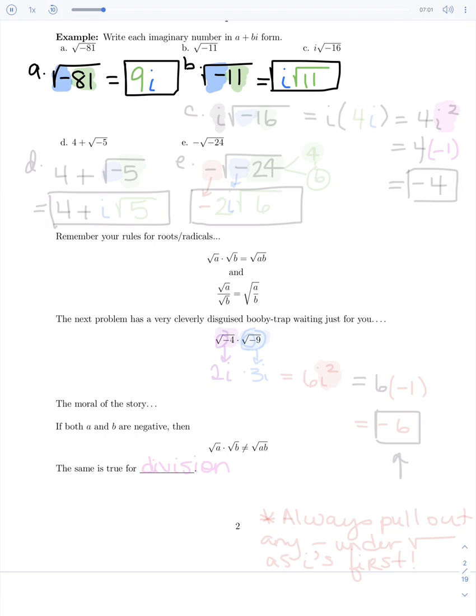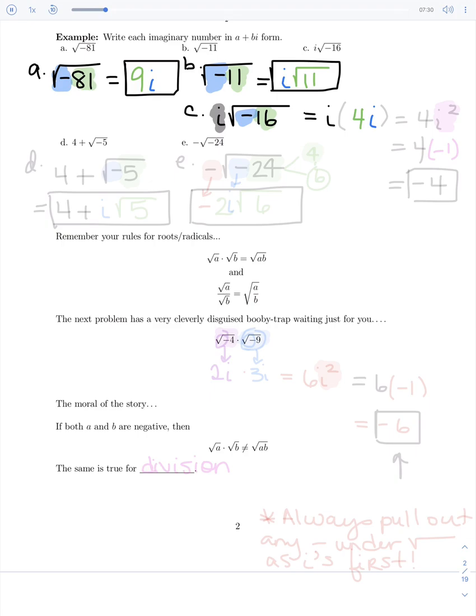Let's take a look at C. In C, we have i times the square root of negative 16. So let's leave that i that's out in front there for a little bit. And let's work on the square root of negative 16. Well, we said that the square root of 16 is a 4. And the square root where the negative is, that'll come out as an i.